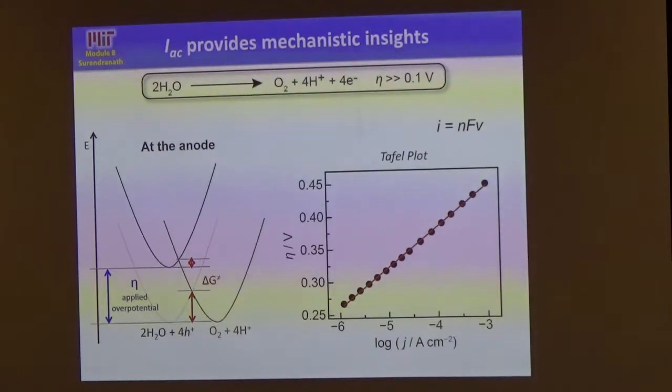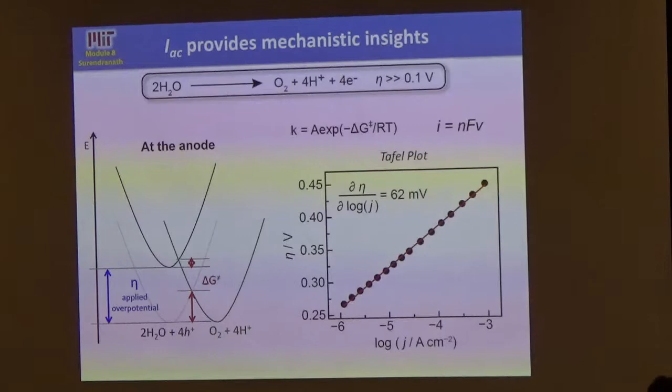And this is why you get a logarithmic change in the rate, and the last piece of this, of course, is that if I change delta G double dagger in a linear fashion, I'm going to get a logarithmic change in the rate constant. And that's why changing overpotential in a linear fashion gives rise to a logarithmic change in the rate.